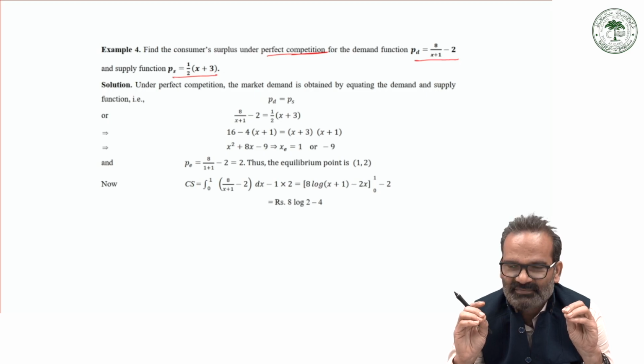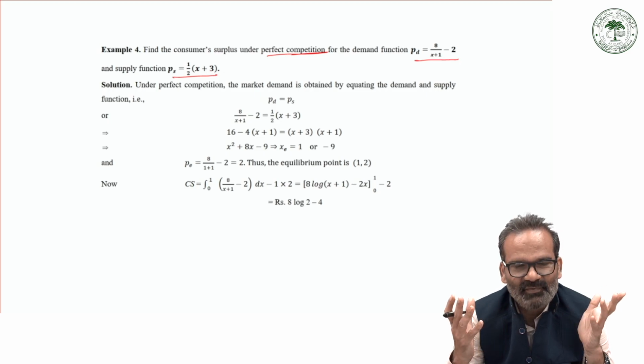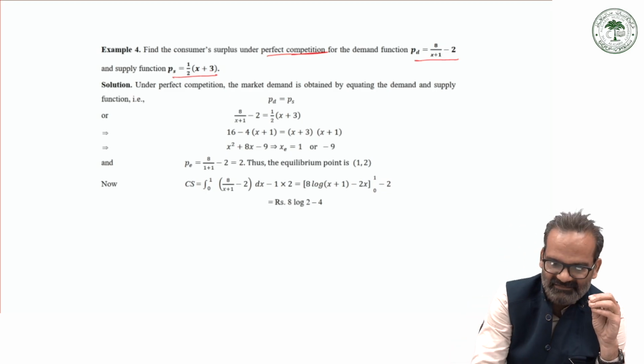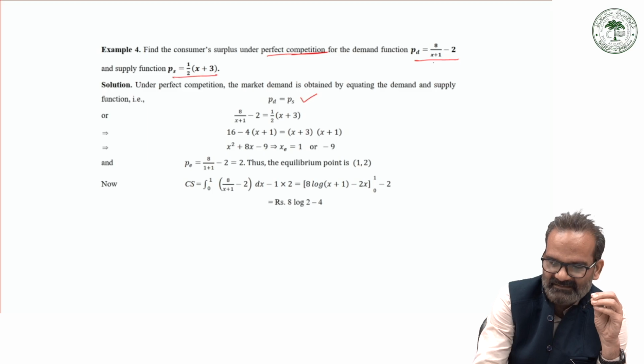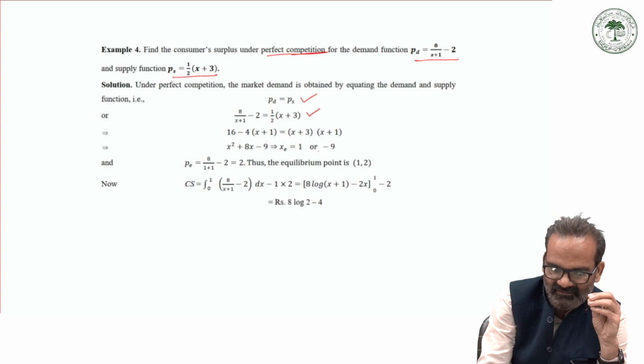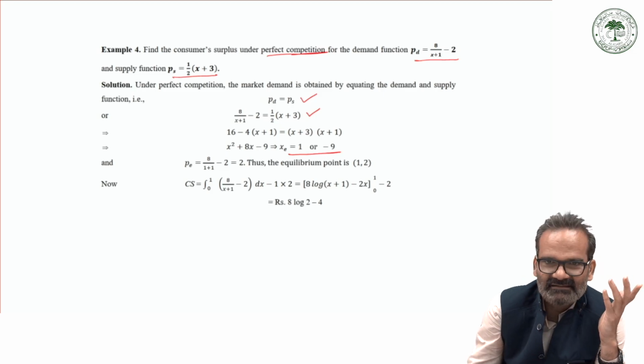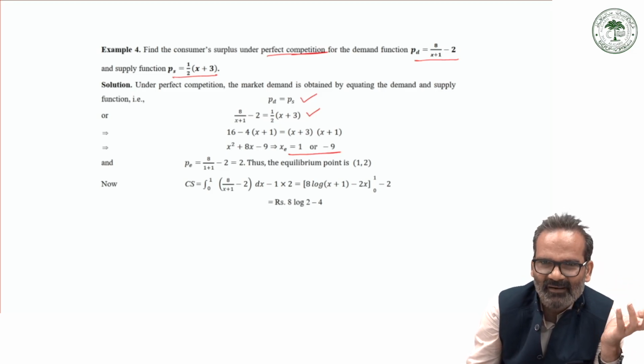under perfect competition, and you know, under perfect competition, supply and demand are equal, as we did the same thing here, right? Demand is given as 8 upon x plus 1 minus 2. Supply is given as 1 upon 2 x plus 3. This equals this. Solve this. You will get the value of x as 1 and minus 9. Minus 9 is not possible because the quantity demanded in the market can never be negative.